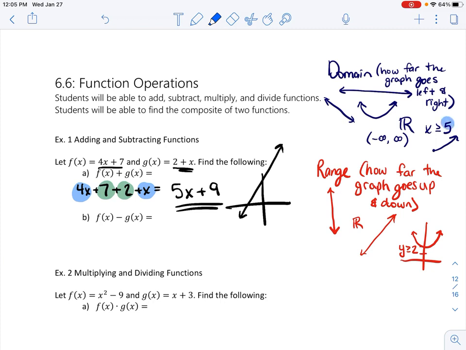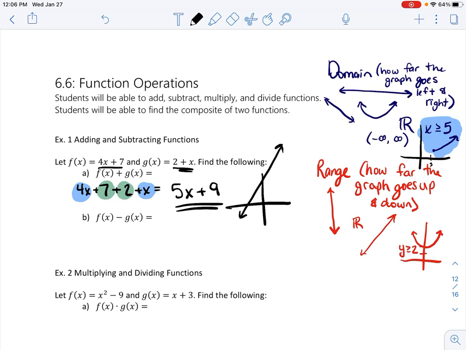Now we can have functions that start at a specific spot, like this one, where, say it was on a coordinate over here, this was over 5, that would be x is greater than 5. So all real numbers with x greater than or equal to 5.